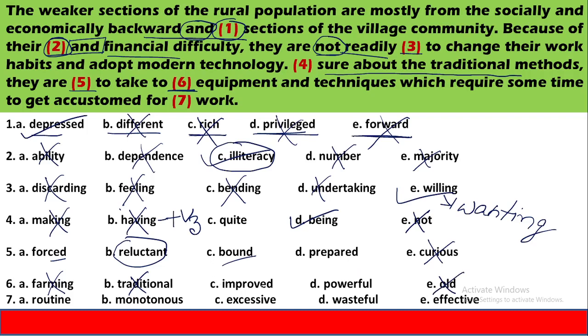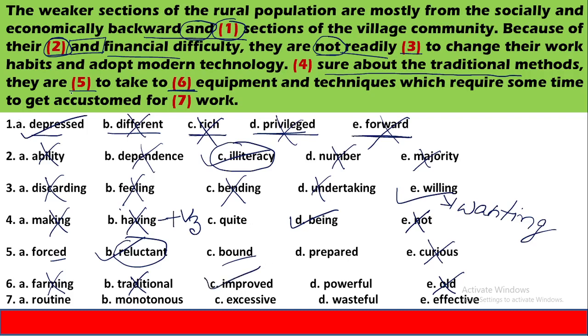Now we are left with two options: improved, powerful. So they are reluctant, they do not want to. They are reluctant to take to. It means they are reluctant to start using improved equipment. This is the meaning I could comprehend.